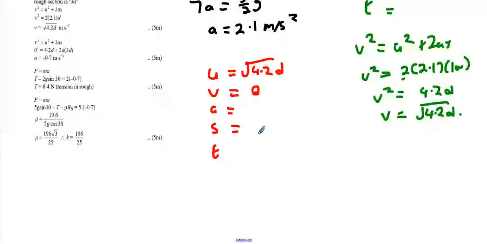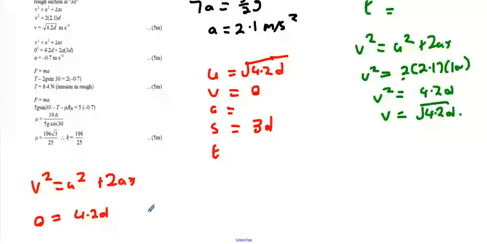And what we can find out here is what deceleration happened to it. So we can use V squared equals U squared plus 2AS. V squared is 0, U squared is the square root of that, which is just going to be 4.2d. 2AS is going to be 2 multiplied by A multiplied by 3d. Move it all over to one side, and we get 4.2d minus 4.2d equals 6AD.